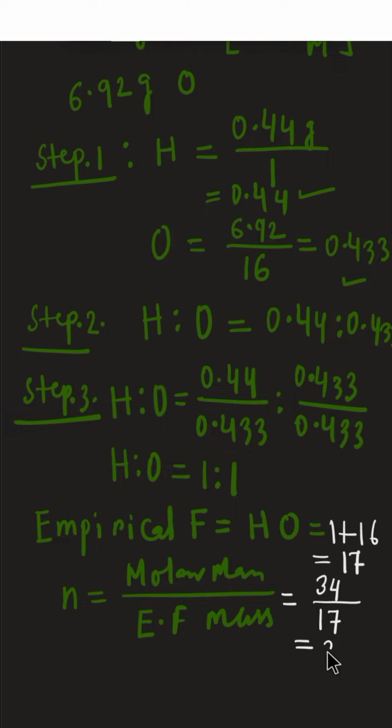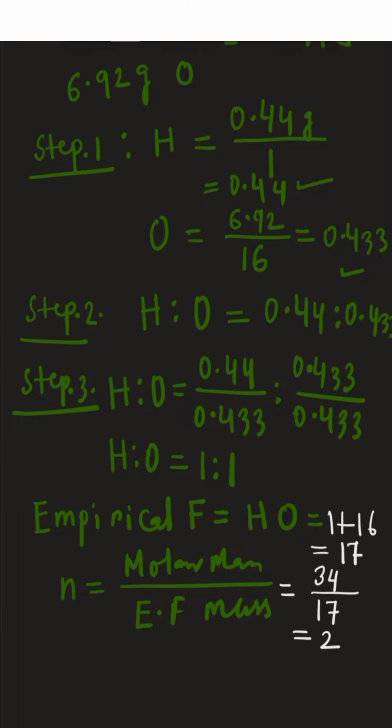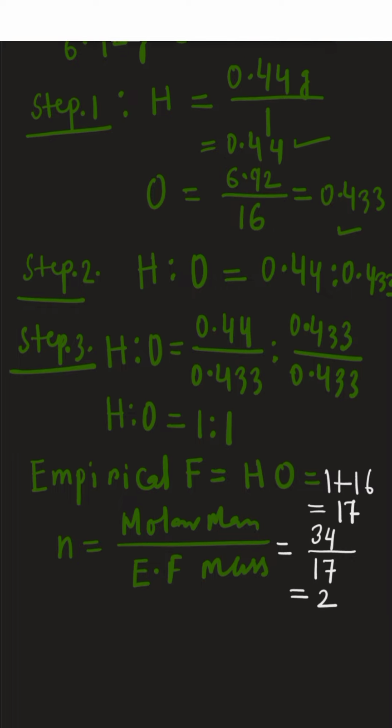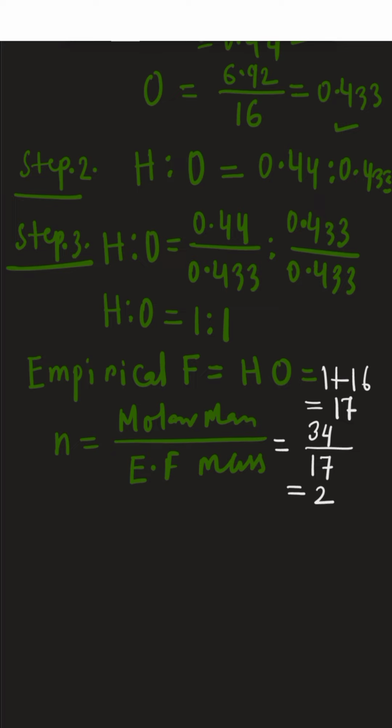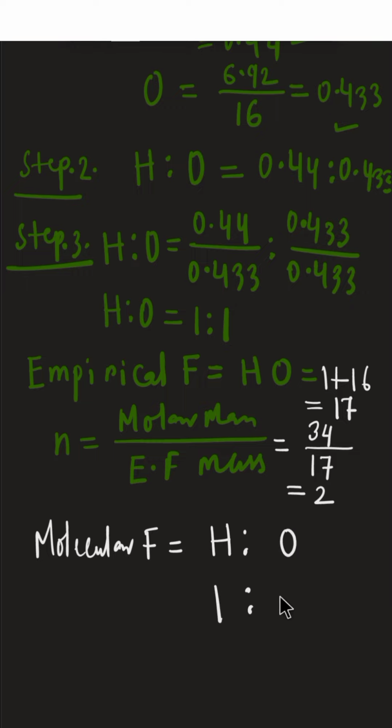It is 2 only. Now we know the empirical formula and we know the value of n, so we can find out the molecular formula, right? We have the empirical formula, that is hydrogen and oxygen in the ratio of 1 and 1.